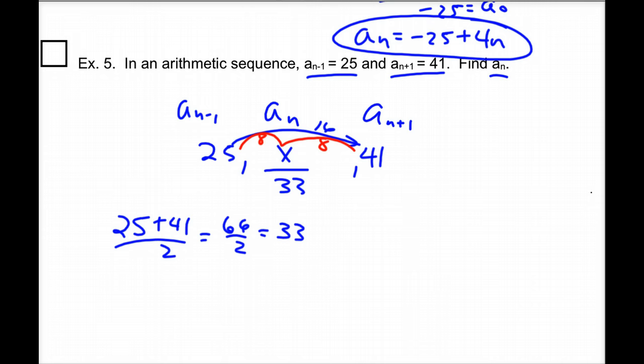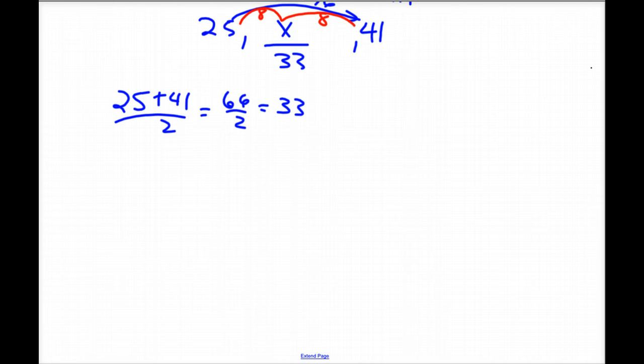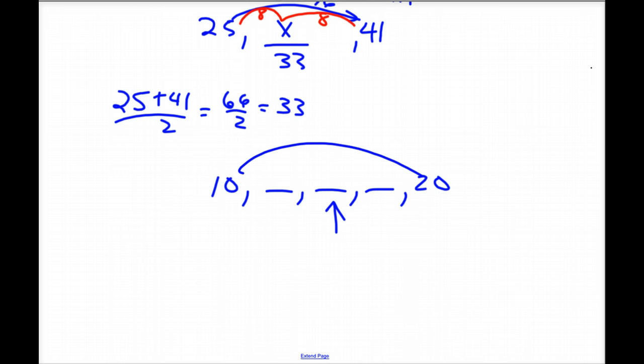There's one more like these, where you might have one number and then 3 in between, and you want to find the 3 missing numbers. You can use the formulas, or you can realize that because I'm telling you it's arithmetic, this number in the middle is the average of these two.